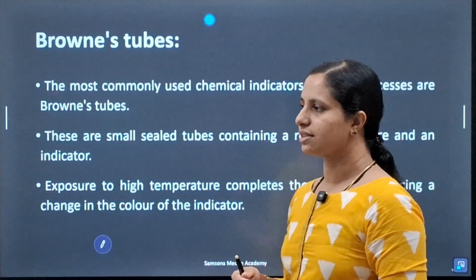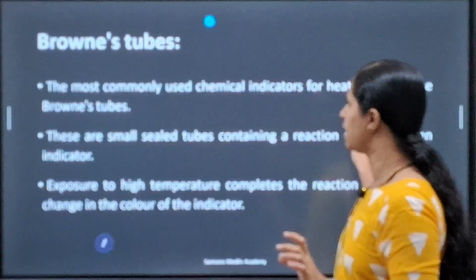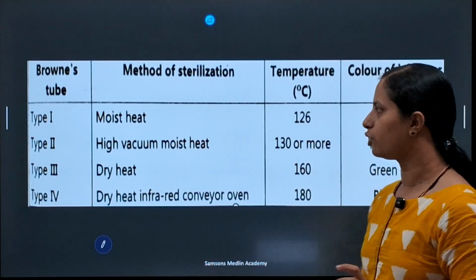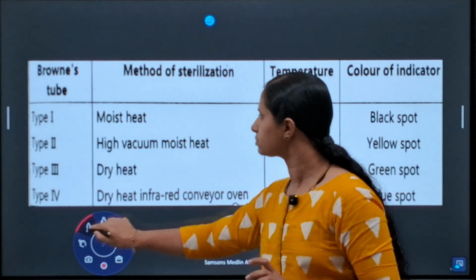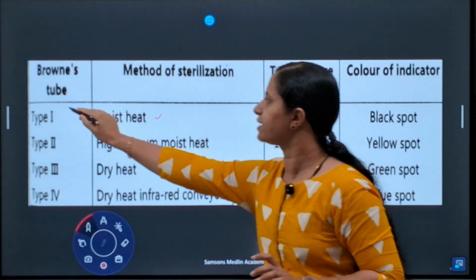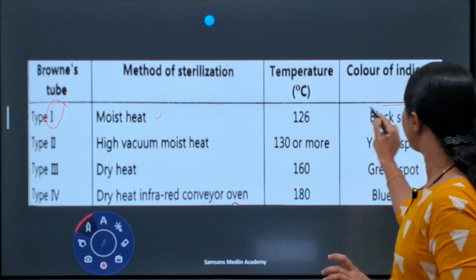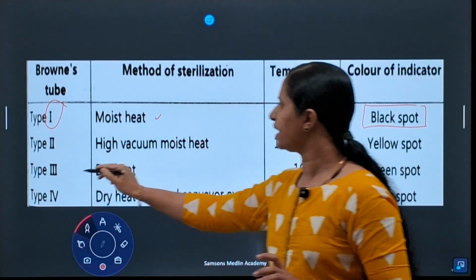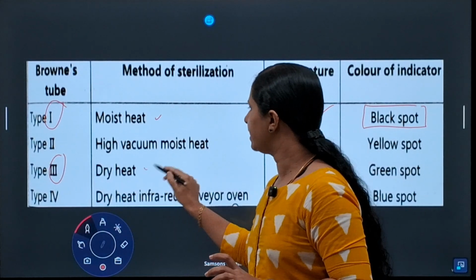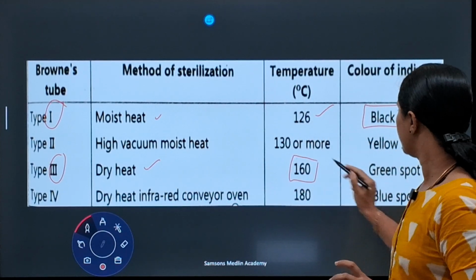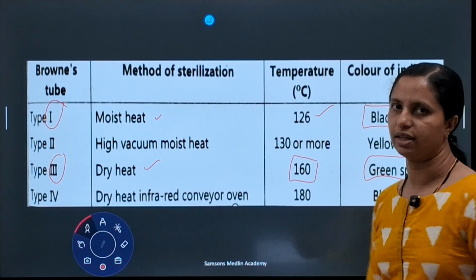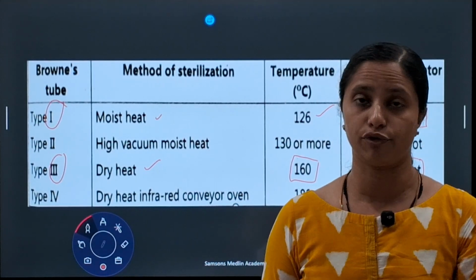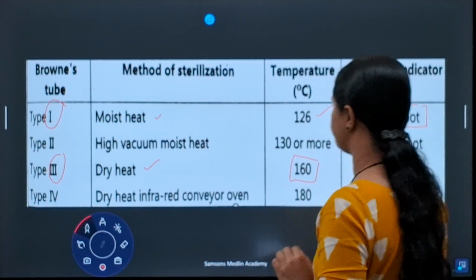Based on these different colors, there are different Brown's tubes, type 1, type 2, type 3 and type 4. For us the most important one is that used for moist heat sterilization, type 1. It gives a black spot at 126 degrees Celsius, and type 3 is used in dry heat sterilization at 160 degrees Celsius, and it gives a green spot. Remember, green spot for dry heat sterilization and black spot for moist heat sterilization.